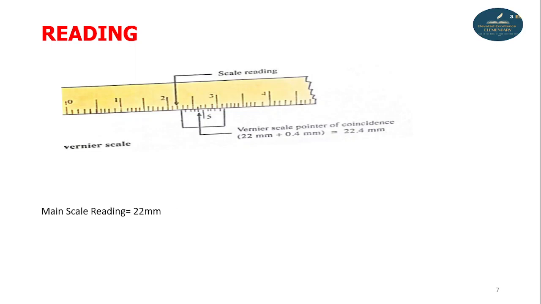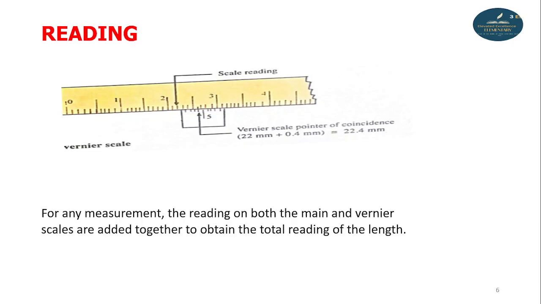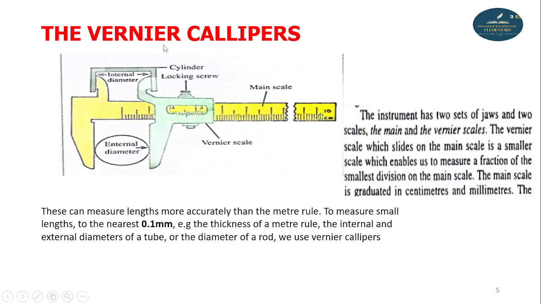So now looking at this, let's take a look at this example. Before this would have been obtained, we would have placed our object here, to determine the diameter or the thickness or whatsoever.